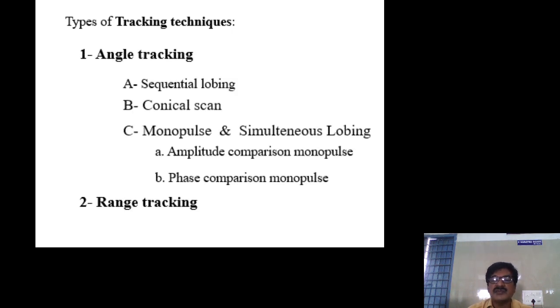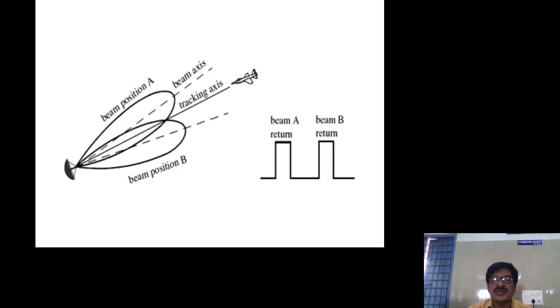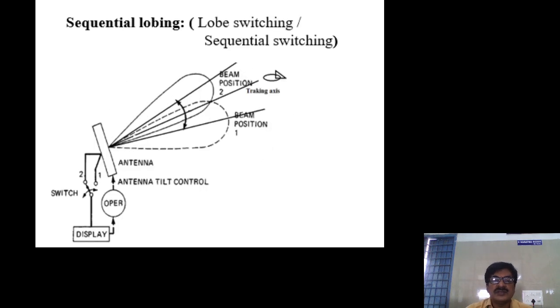So in the sequential lobing technique, let us first see the diagram. Here in sequential lobing, the antenna pattern can be placed in two different positions, as per the diagram I am explaining. This is the radiation pattern from the antenna.